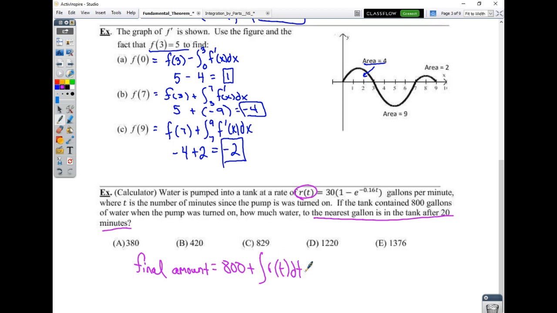And if the tank was on for 20 minutes, we simply use the fact that this goes from 0 to 20, and that would give us our final amount. We would type that into our calculator, and if I recall, I'm just remembering this off the top of my head, I believe the answer is 1,220. We'll talk about how to type that into the calculator at a later time.